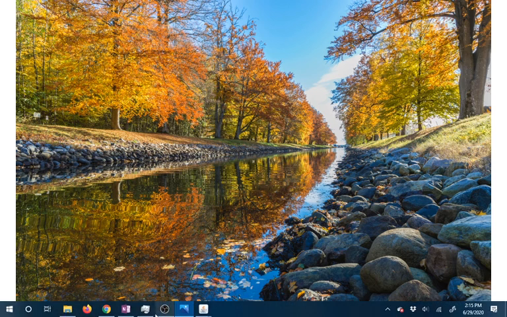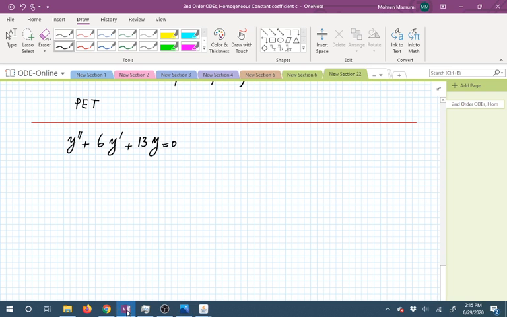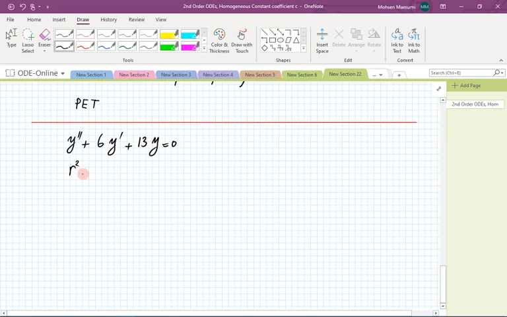Let's see. So what happens? Well, step 1 is easy. r squared plus 6r plus 13 is equal to 0. You can use the formula, you can use the completion of squares, if you remember that from high school.